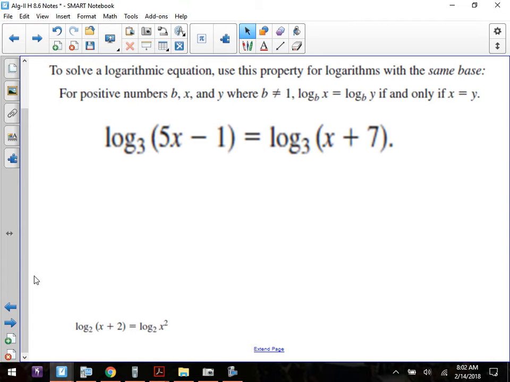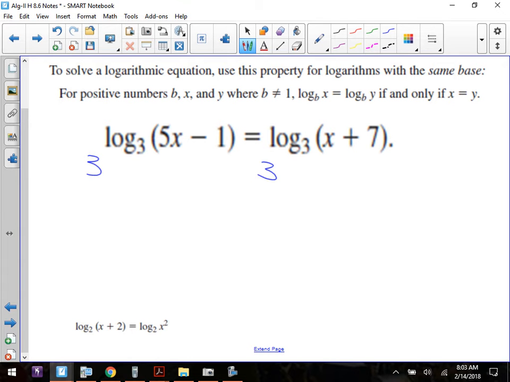Okay? Since you have the same base on both sides, you can treat it, remember how we did that with the exponential ones? If you have the same base on both sides, the exponents drop. Here it's the same basic idea. Instead of getting the exponents to drop, what we're doing is we're going to create what's called an exponentiation.